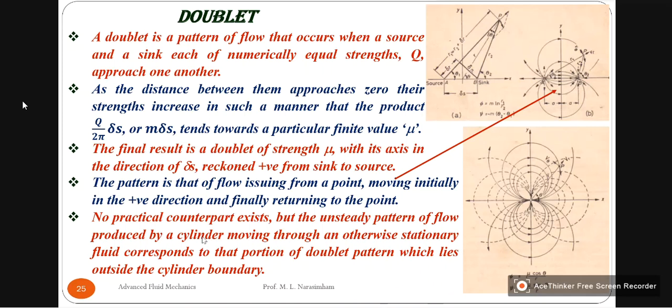So that we will discuss. The expressions for phi and psi are given here. Phi is equal to mu cos theta by r and psi is equal to minus mu sin theta by r.